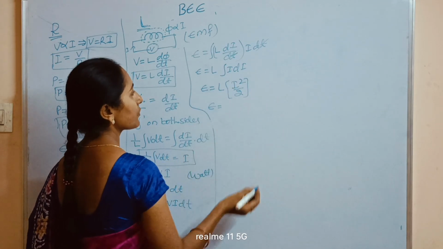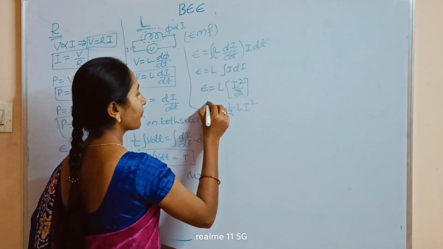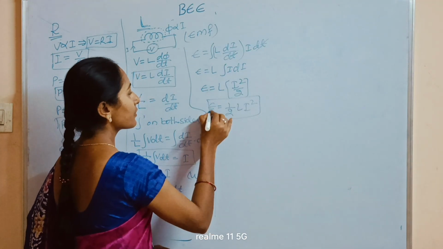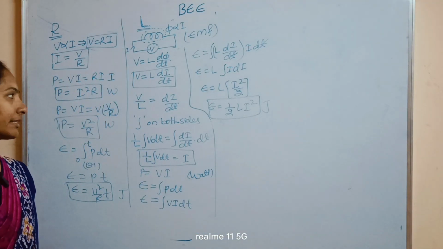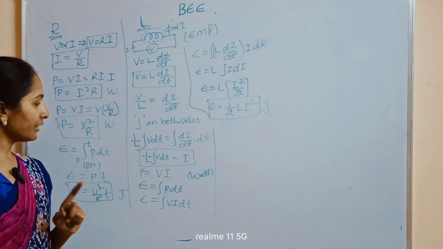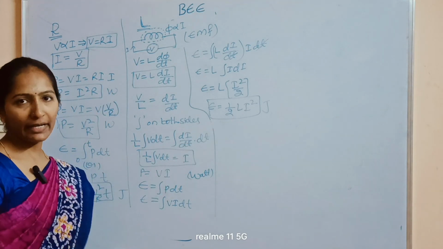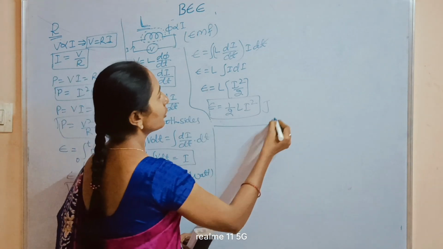So E equals half L i square. This much energy is stored in an inductor. So for the inductor, voltage, current, power and energy, the four factors are completed.